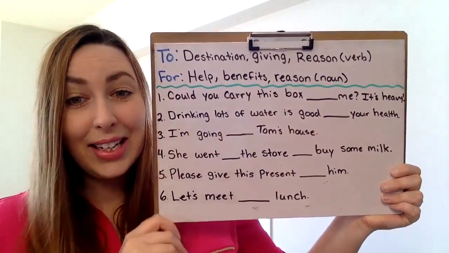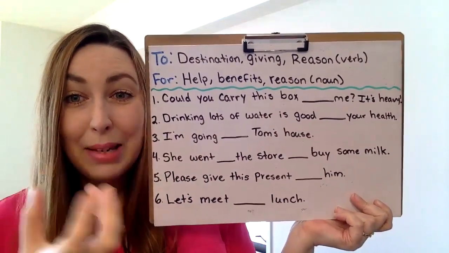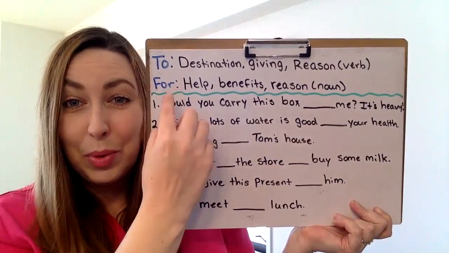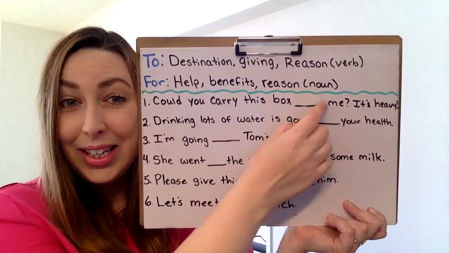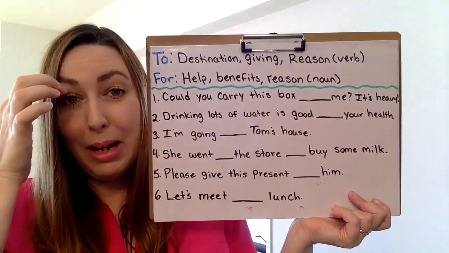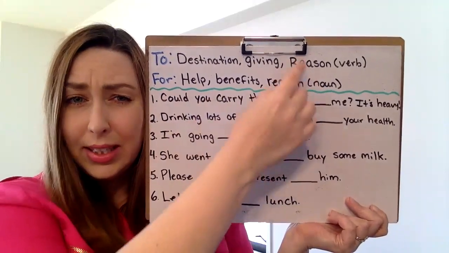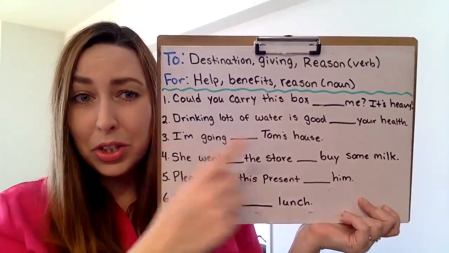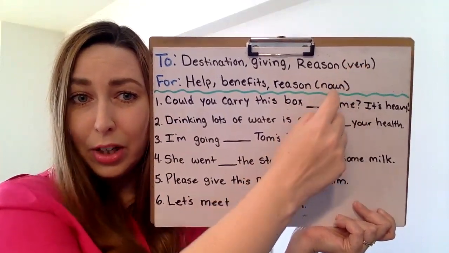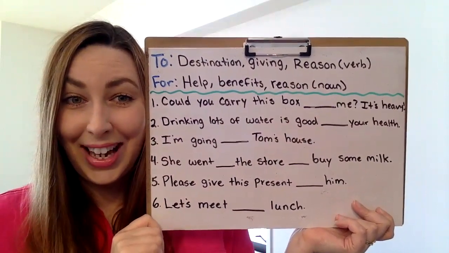Okay, so I think that is the trickiest one. A lot of students make mistakes and they will use "for" with a verb or "to" with a noun. So try not to mix them up, okay? So when we need a reason, so why something, make sure you know what's coming next. Is it a verb or a noun? And then you'll know if it's "to" or "for," okay?